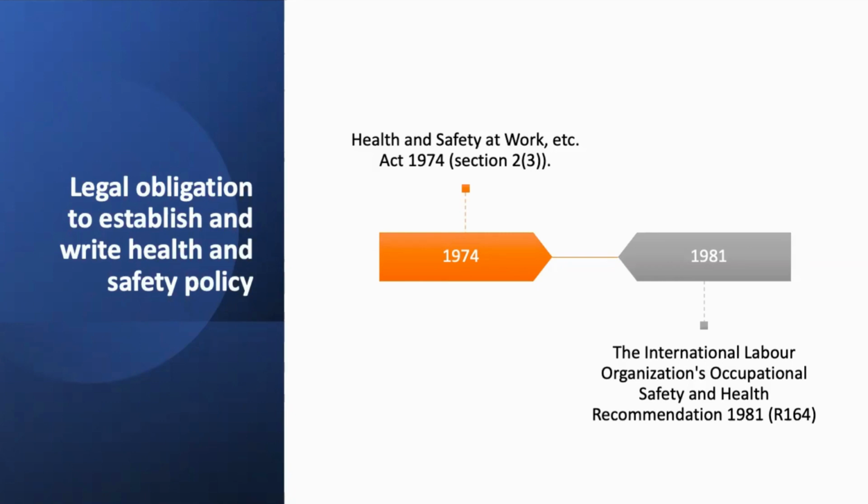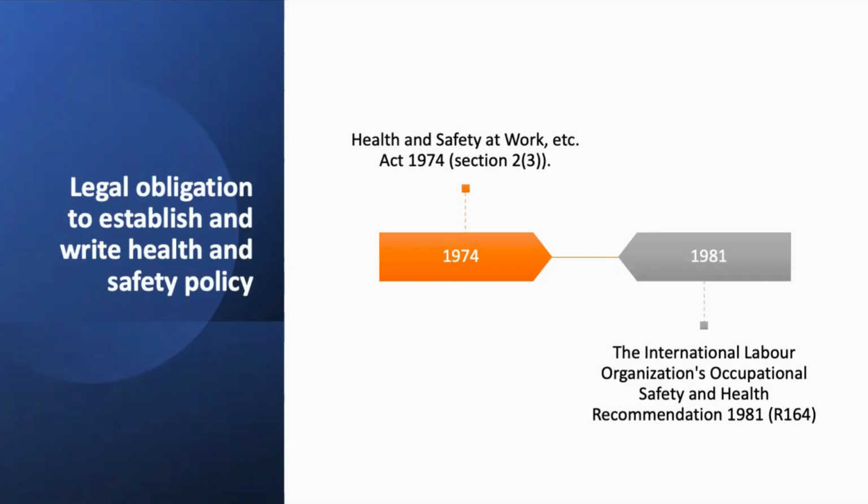Because the health and safety policy is basically the most important part of any health and safety management system. So we should know the legal logic behind it. So why is it important to have a health and safety policy according to the law?